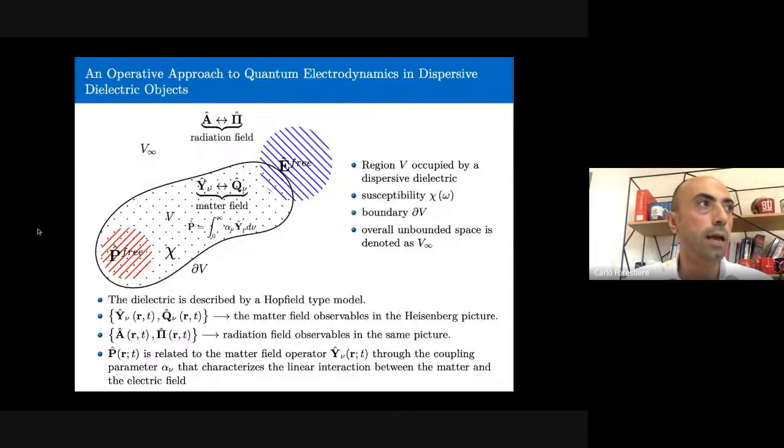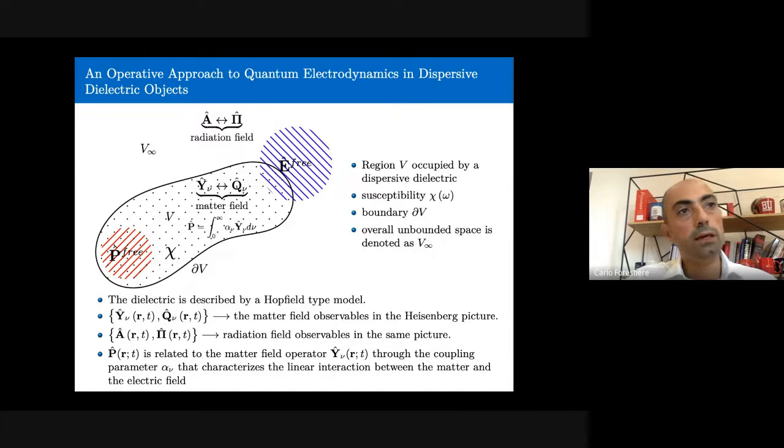So this is actually a pictorial introduction to the Hopfield model, in which we want to quantize the field which is associated with this particle, and in particular we introduce a matter field which is associated with this particle, and is described like a continuum of harmonic oscillators.